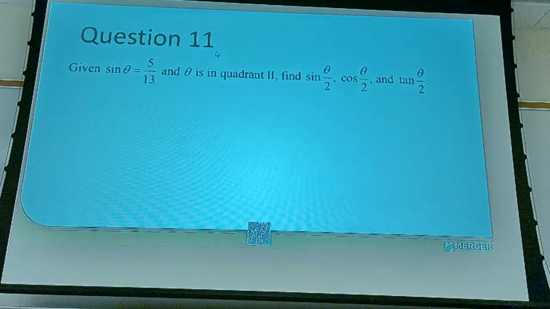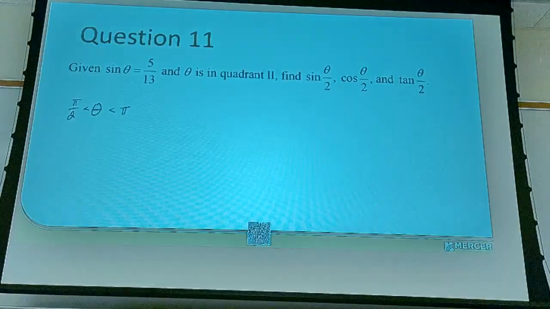First thing to notice: theta's in the second quadrant.